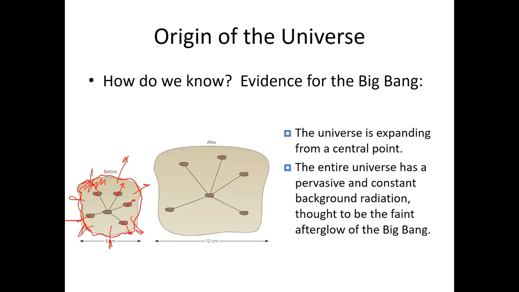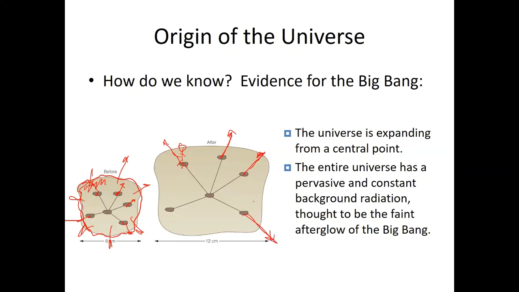So you can imagine if you were on one of these raisins, and you can't sense your own motion, right? Because you're moving. But if you looked at other raisins, you would note that the further a raisin is from you, the faster it would appear to be moving away from you, right? So this raisin, because you're moving this way, it appears that this raisin is not moving away from you very quickly, but this raisin seems to be moving away from you more quickly, and this raisin is moving away from you very quickly.